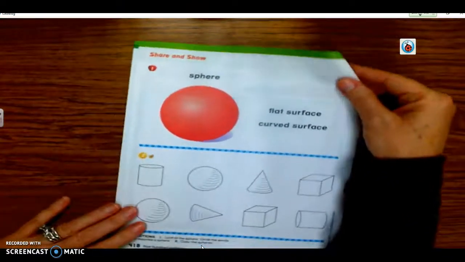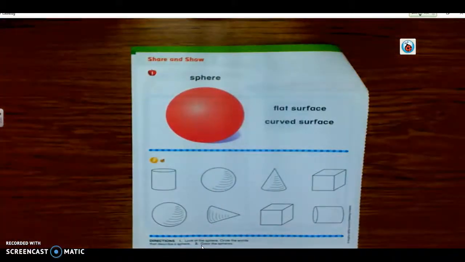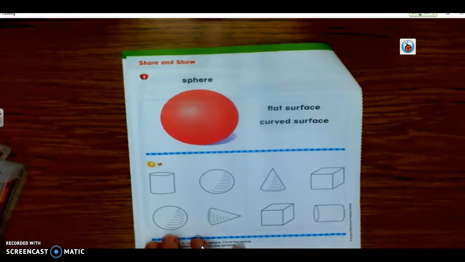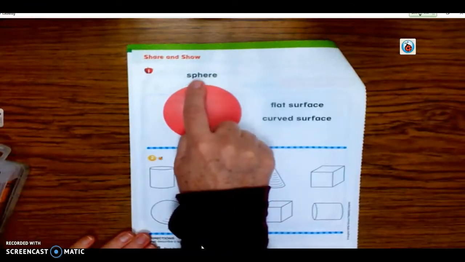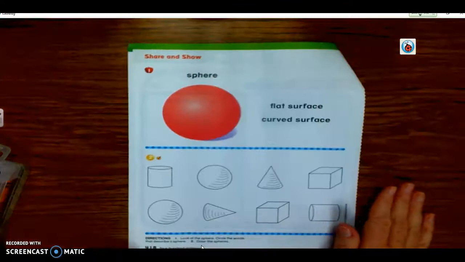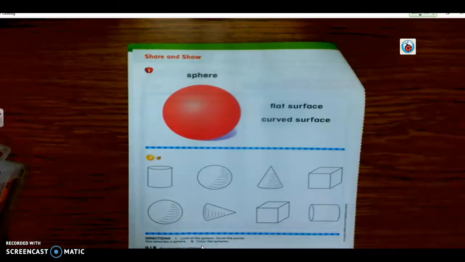All right, you need to have some crayons out. If you have them out, you can go on and work with me. If not, you can listen for directions and then come back when you have your crayons. All right, so by the red apple, they've got the word sphere. They said, look at the sphere. Circle the words that describe it. So they got two phrases over here that we're going to look at.